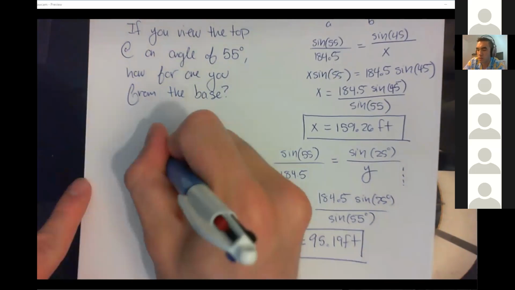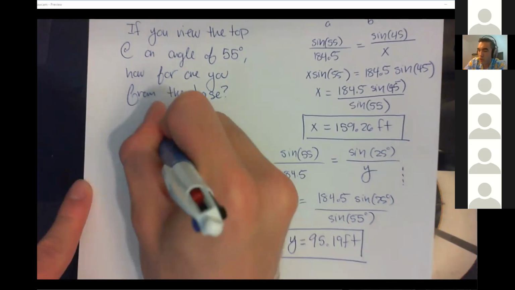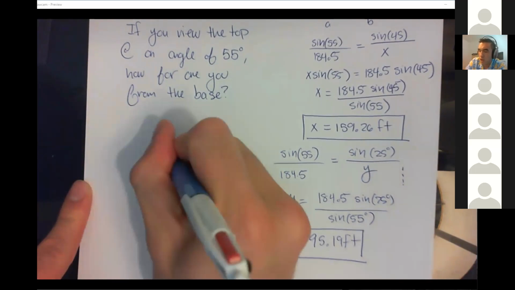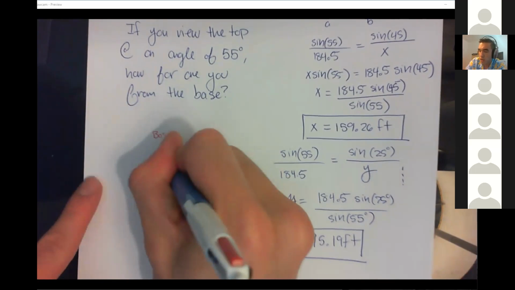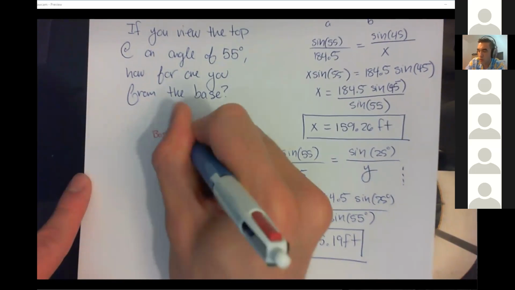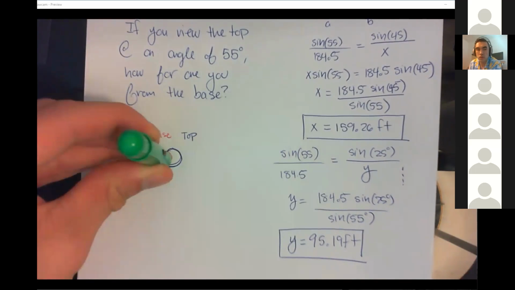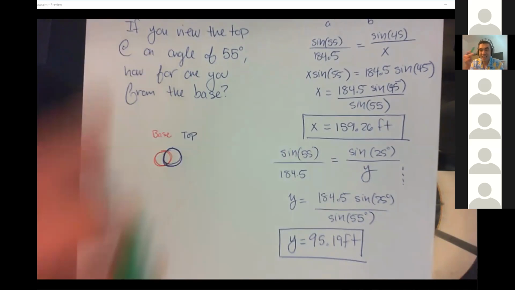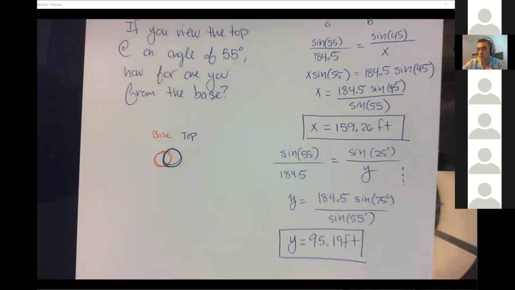I would say that this is the base of the tower. And if we're viewing it from the top and it's leaning, then the top is not going to be perfectly lined up with the base. Here we have the base, and then this blue circle would represent the top of it. So here's the base, blue is the top. And to show that it's leaning, they're slightly misaligned with one another.